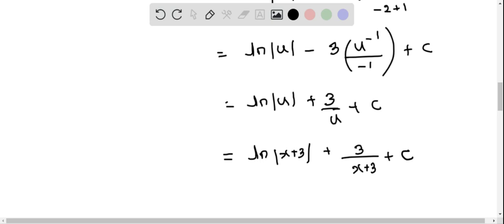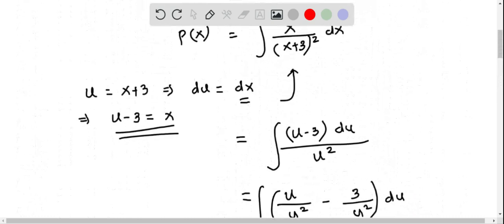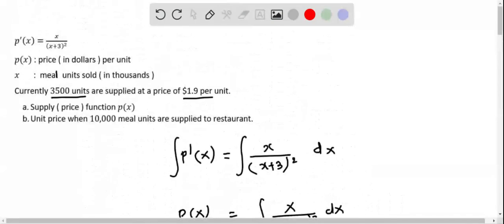Our next task is to determine the value of this constant of integration c using the given information. That is, we have to use this information: 3,500 units at $1.9 per unit. So this is basically x and this is P of x.